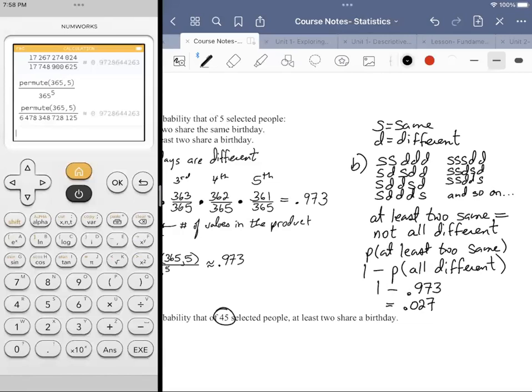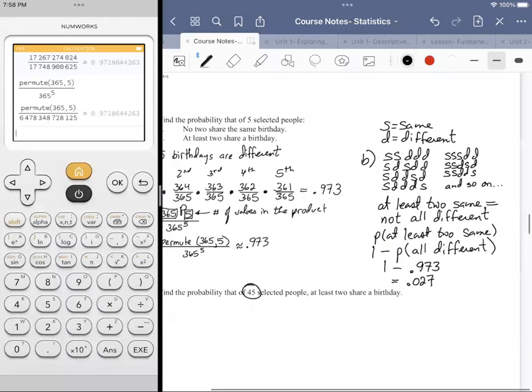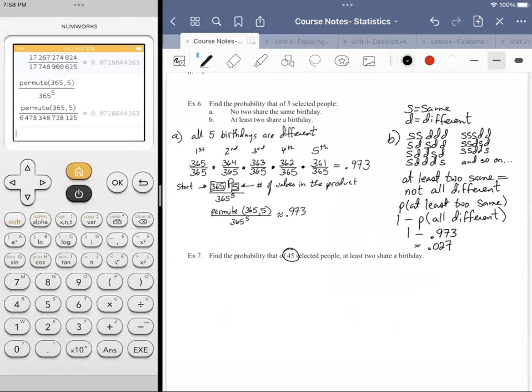In which case the 366th person would have to match one of those other 365, right? So it gets to a point where it's guaranteed that there will be a common birthday, but we're not there yet, right? Because in number 7, find the probability that of 45 selected people, at least 2 share a birthday.